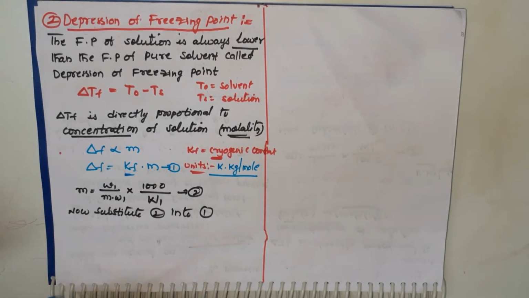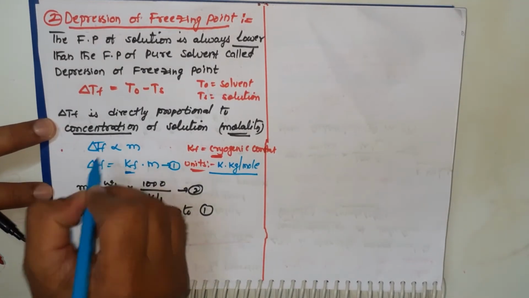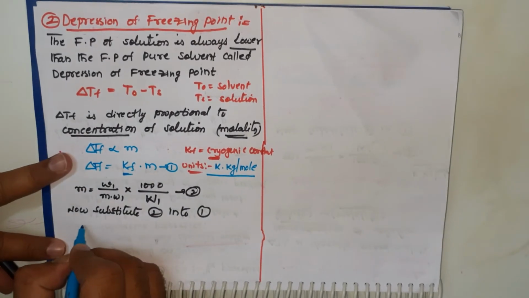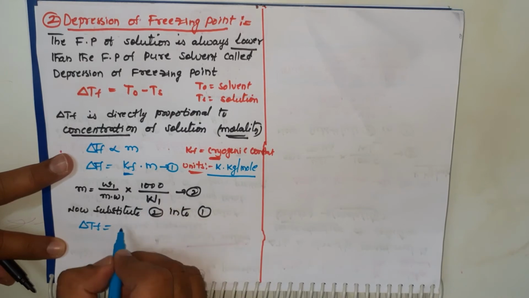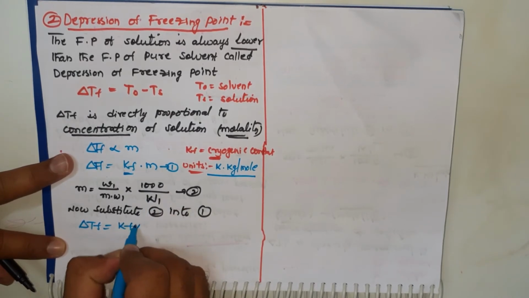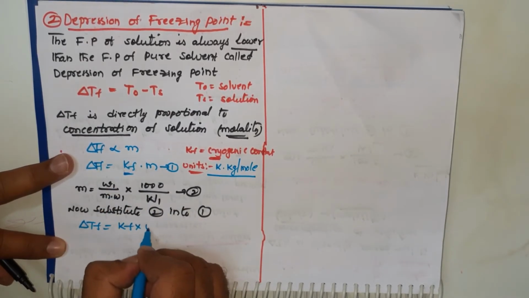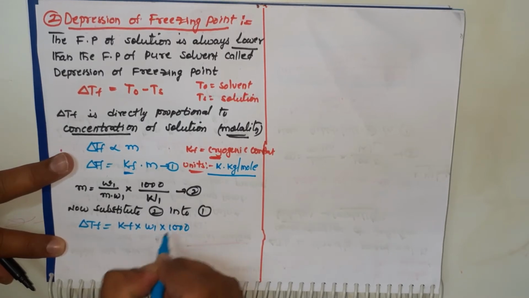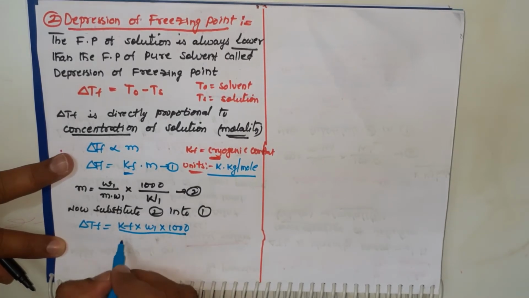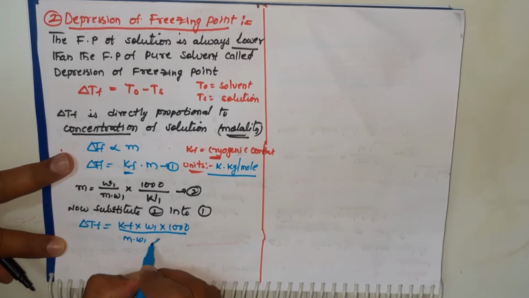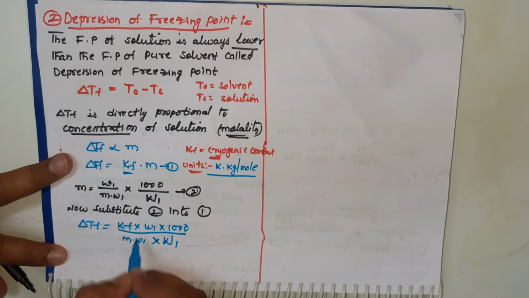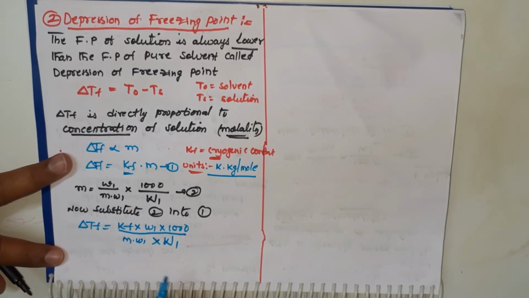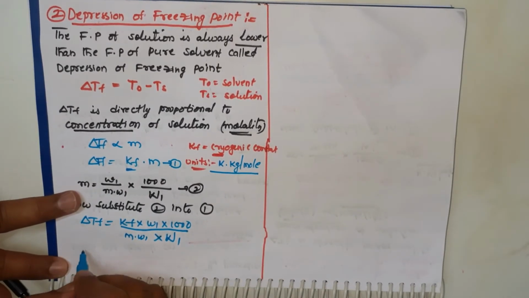Then what we get? Delta Tf is equal to Kf into w into 1000 by Mw1 into W1. Now we take Mw1, the solute molecular weight, which we can find using depression of freezing point.